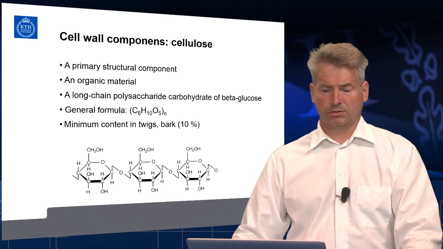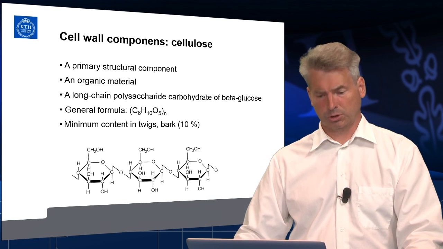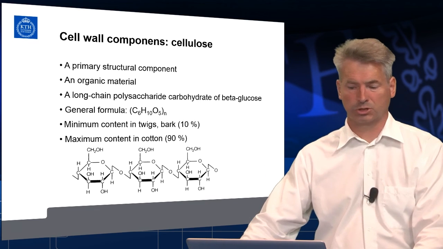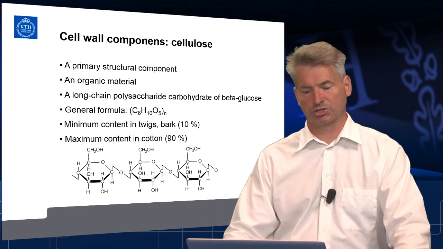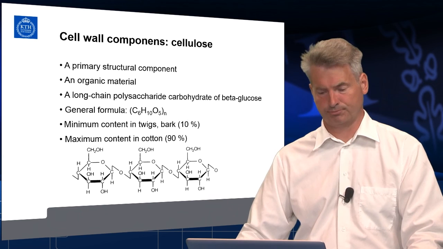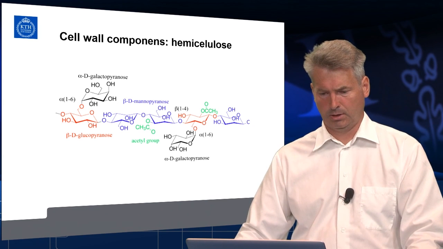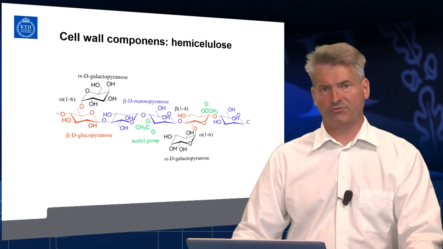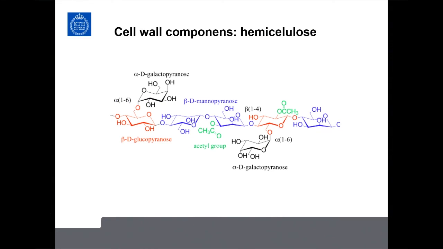In twigs and bark, you have a small content of cellulose, while in cotton, for example, you have a very large content of cellulose. Hemicellulose contains different kinds of saccharides, both with rings containing 6 carbons and 5 carbons.